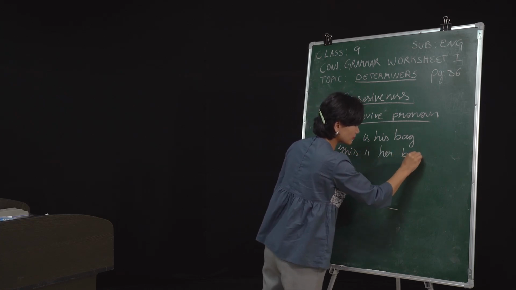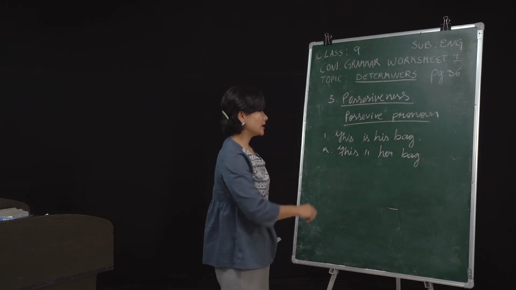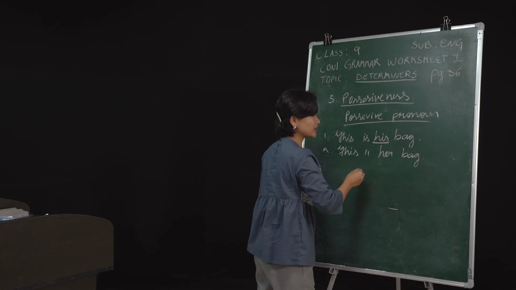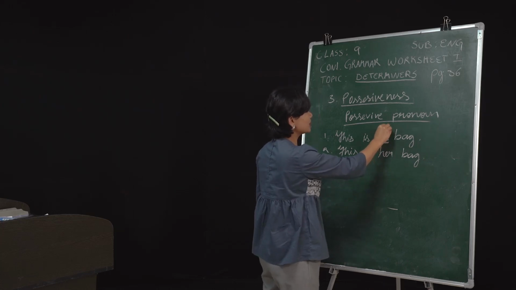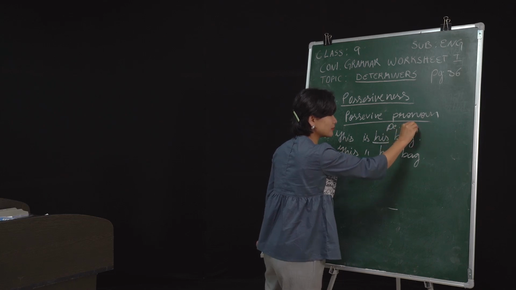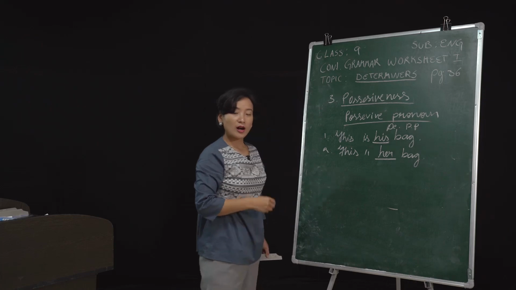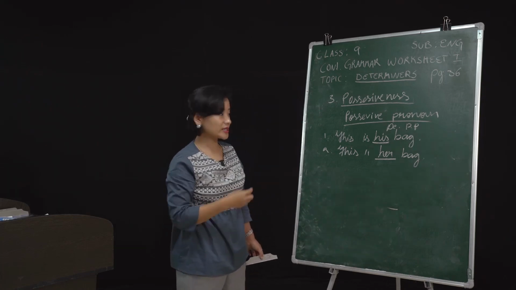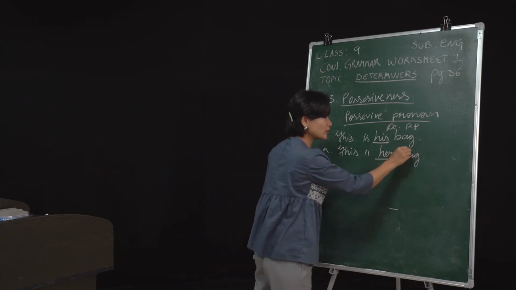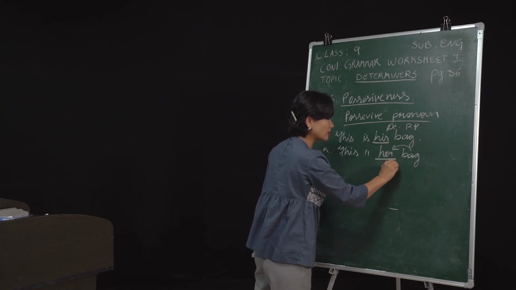Now, let's take these two examples here. This is his bag. We have already discussed this. This is a determiner and that of possessive pronoun, all right? Now, here in this case, her. How is it functioning here? What is its function? Isn't it also showing possession here? So it becomes a determiner, all right?